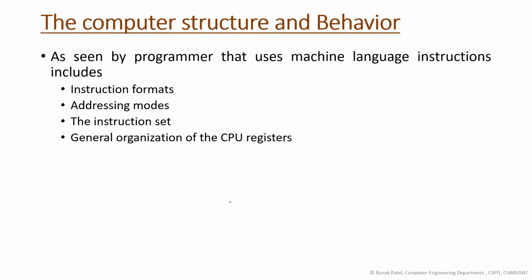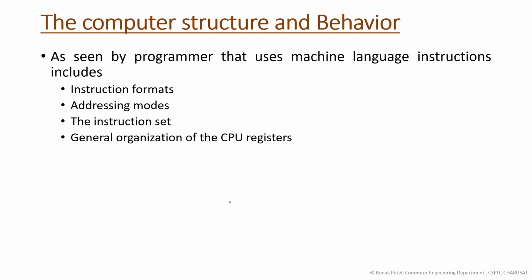Let's see the structure and behavior. As seen by the programmer who uses machine language instructions, whereas we are using high level languages like C, Java and so on, they must be aware of the instruction formats. We will study the instruction format and addressing modes, and more about the instruction set, in this unit.